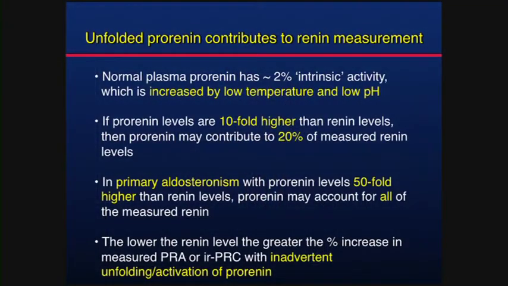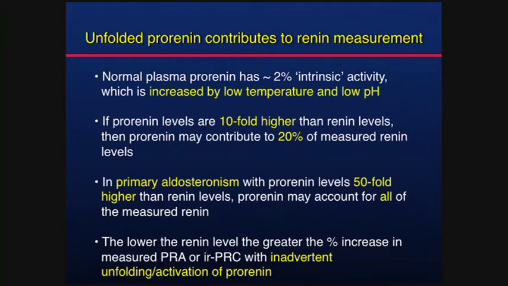And it can also be recognized by the immunoassay we use for measuring plasma renin concentration. So in normal plasma, where you have a ratio of 10 to 1 for prorenin to active renin, then the prorenin, because it has about 2% intrinsic activity, may contribute to 20% of the measured renin levels.